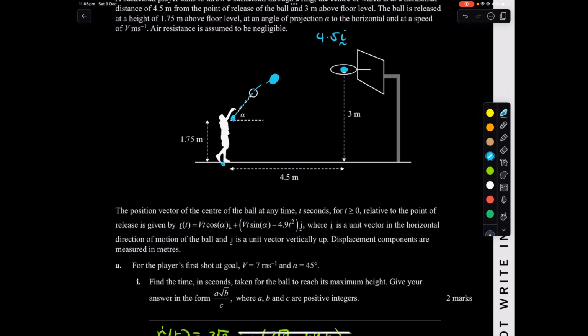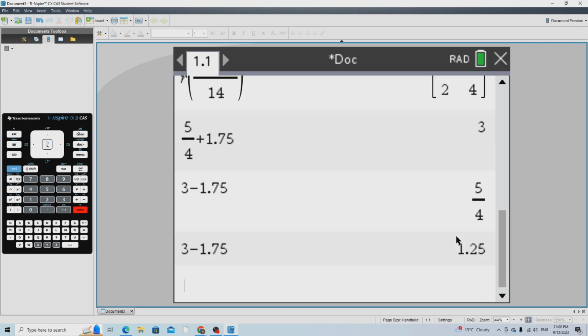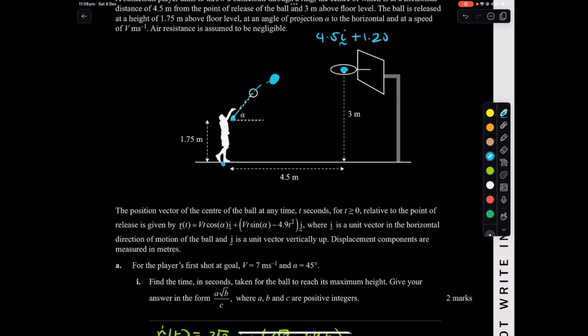And what about its j? It's going to be 3 minus 1.75, remember, we're doing it relative to this. That is 1.25, so plus 1.25j. That is the position of this. Done. And we want to find the position at 1 second, which is just r of 1.